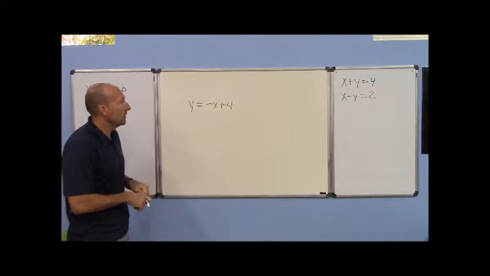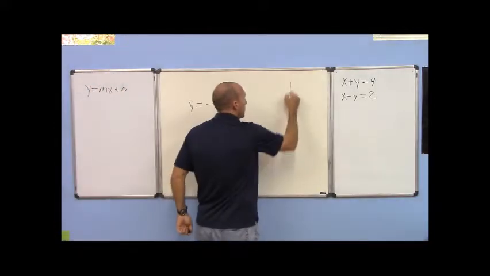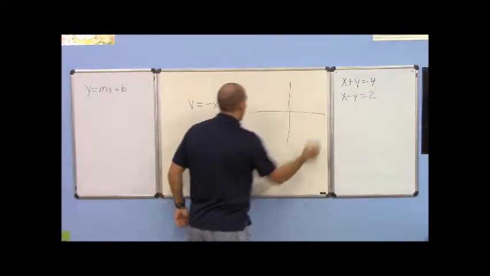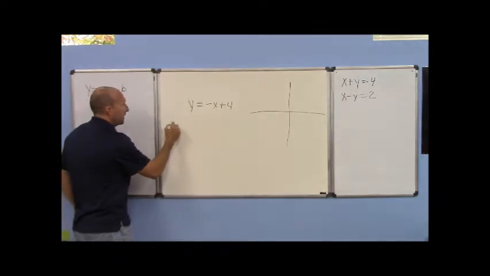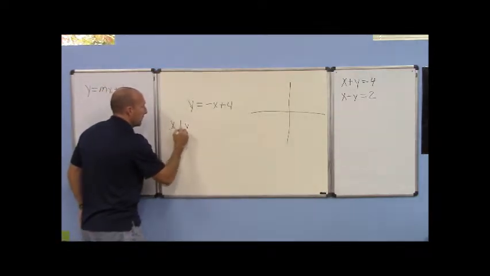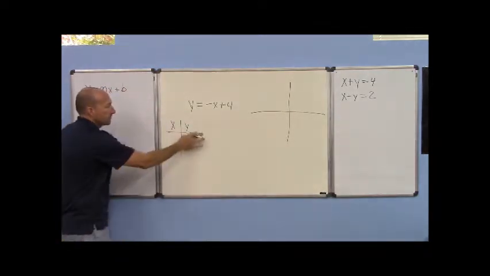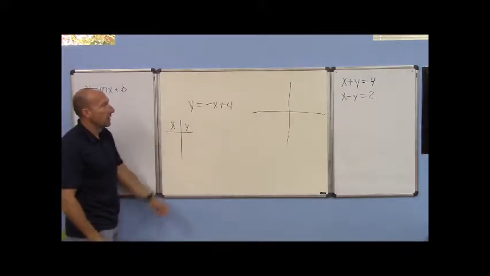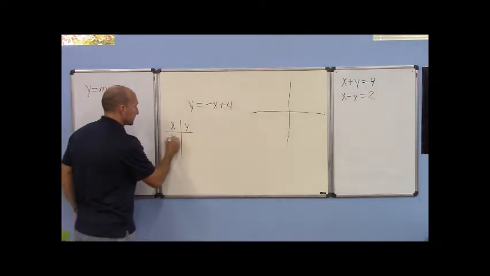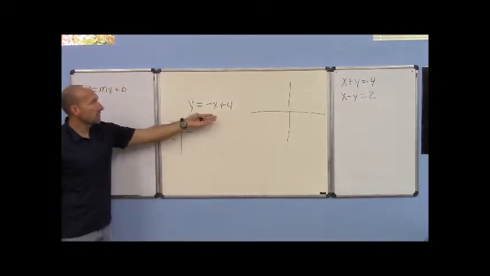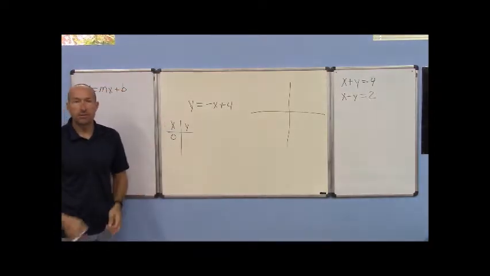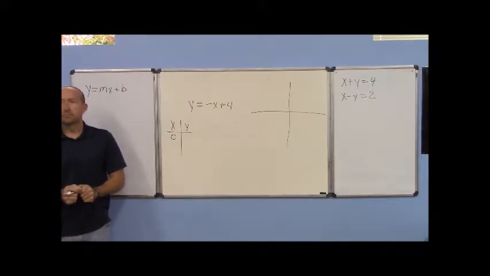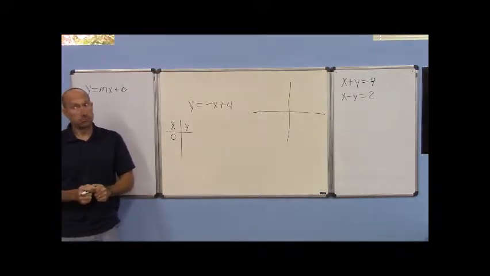Now, in order to graph this, we have our graph. We need to have x values, and we solve for y. We can put in anything we want to. We can put a 0 in for x, and y equals what value? 4.